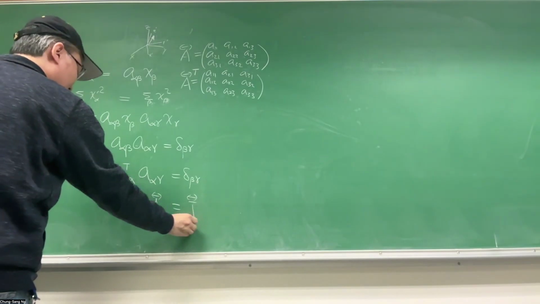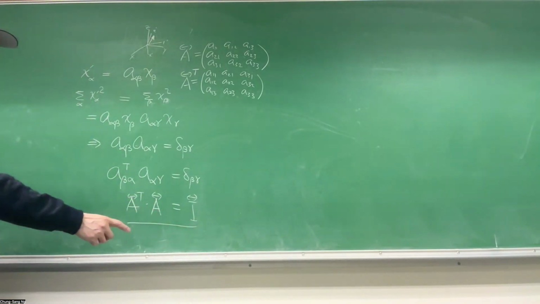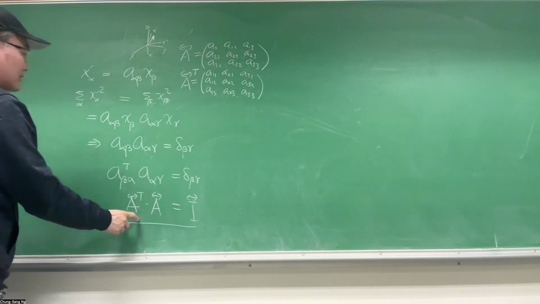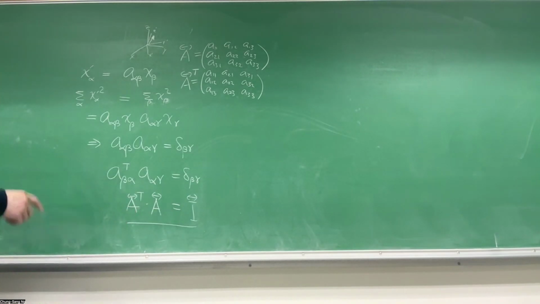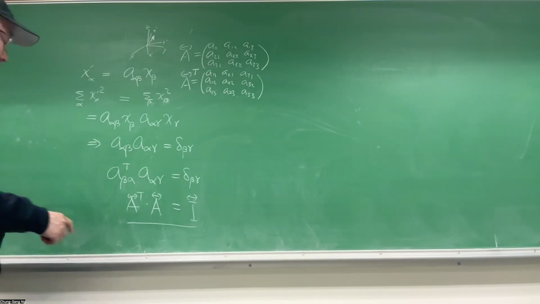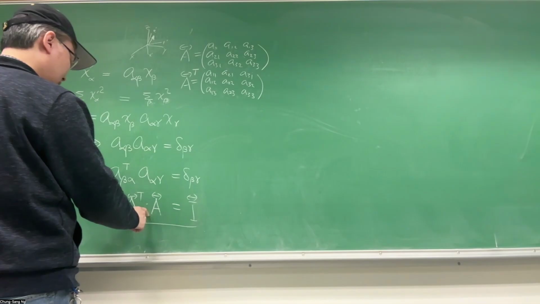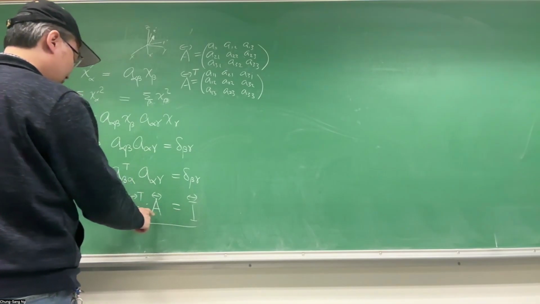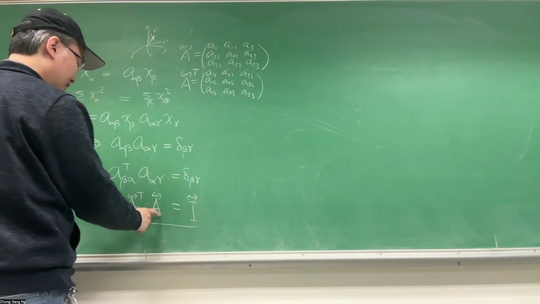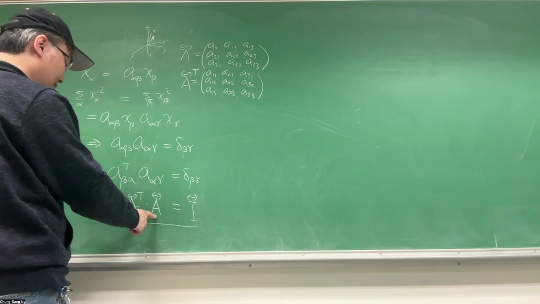But this is a special property of a matrix. If you satisfy this one, that is what we call the orthogonal matrix. Now another property is that the determinant of the transpose and the determinant of the original matrix are the same.